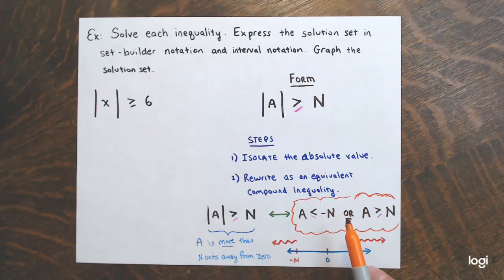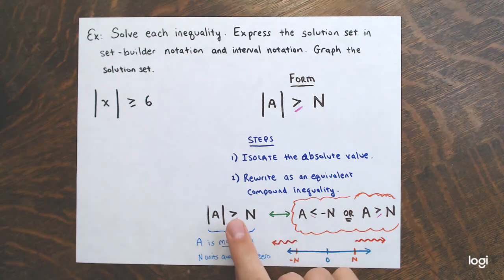So it's got to be the word or in between these two inequalities, making it a compound inequality. And it's not connected like it was when there was less than or equal to, and again, in my previous video, if you want to watch that. So I'm going to keep writing the word or. That will never go away for these greater than or equal to inequalities.